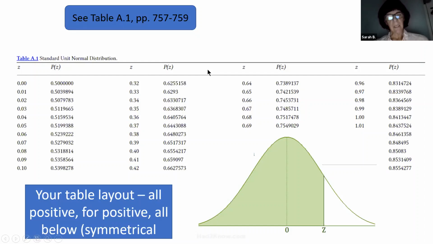To find the negative Z proportion, it's symmetrical, and I'll show you how to do that, but it's simply subtraction. So you only really have to look at these one way. You don't have to add anything. As I said, there are a variety. But for a Z-score of 0.68, 75.17 proportion of the population are expected to lie below that.